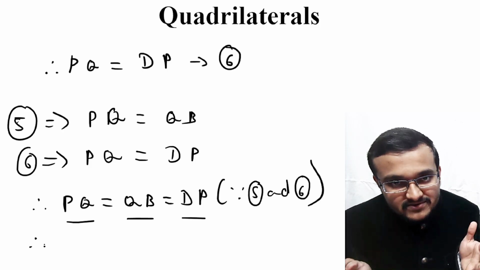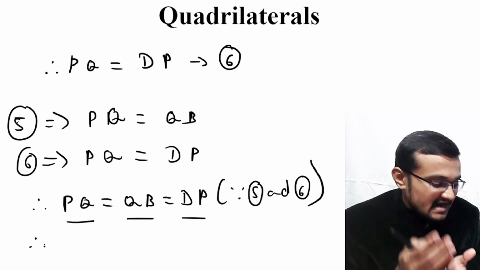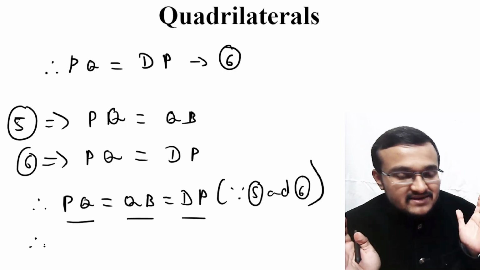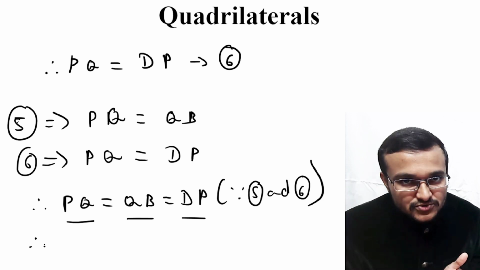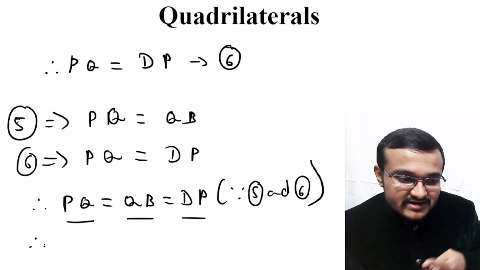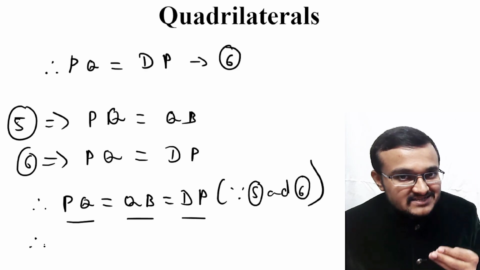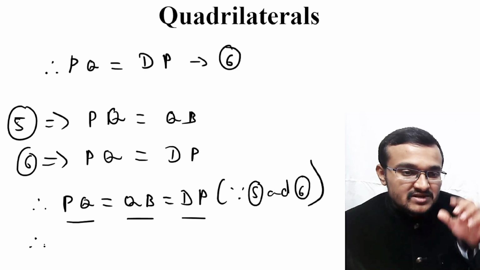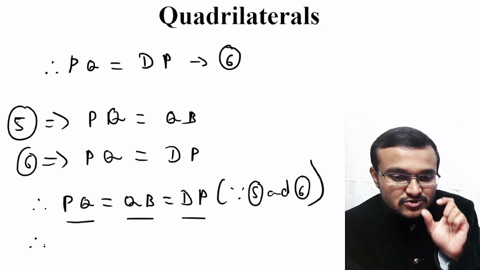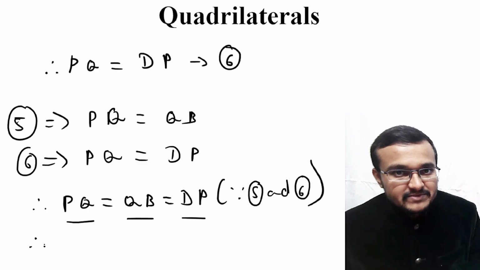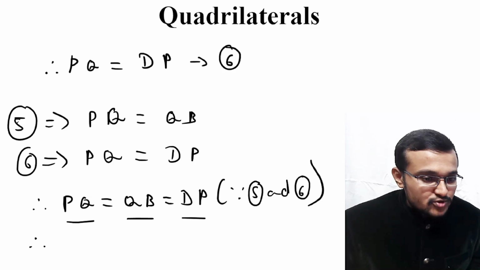Therefore at last you can write the statement that the line segments AF and EC are trisecting the diagonal BD. BD is now divided into 3 equal sections, that's why it is known as trisection of BD. All 3 parts are equal to each other. This is what they asked us to prove in this question, and we have proved that.